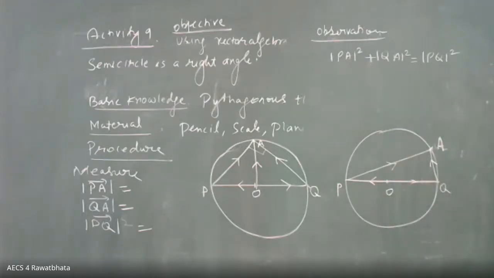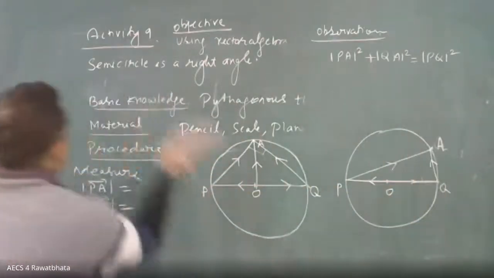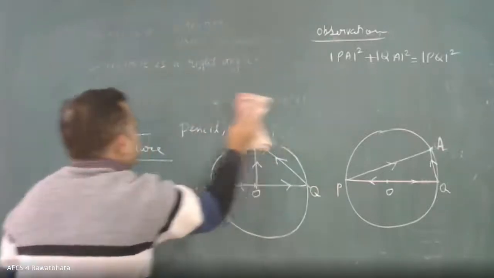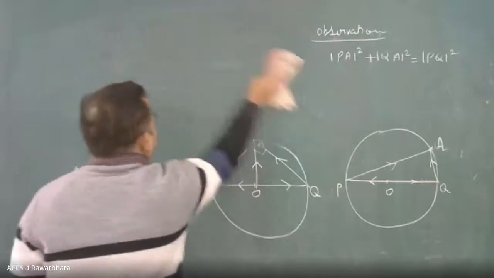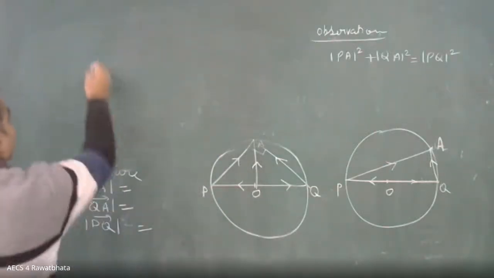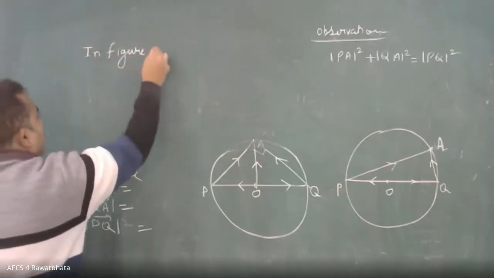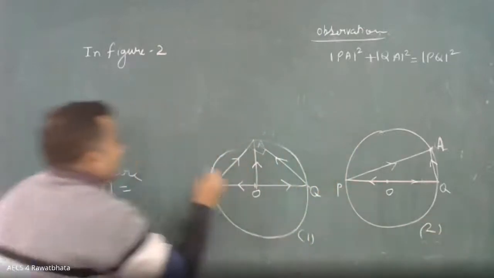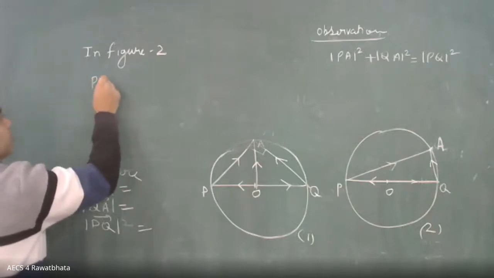Now, in figure 2, again you measure. This is the second figure. You measure PA vector, magnitude of course.